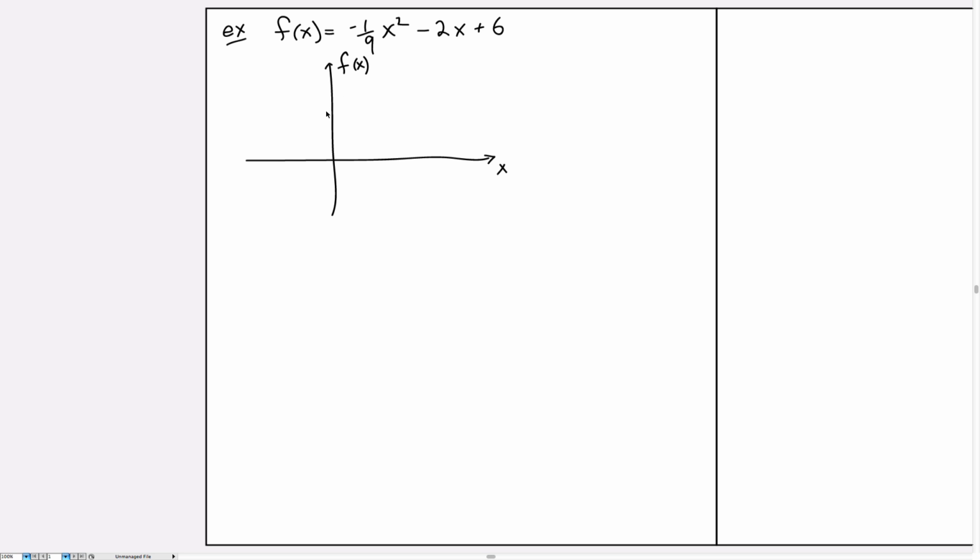Let's start by drawing a sketch of the function. Using our asymptotics technique, we know that near the origin, this x squared term will be small compared to the linear or constant term. So when graphing this, we can start off treating it as a straight line through 0, 6.